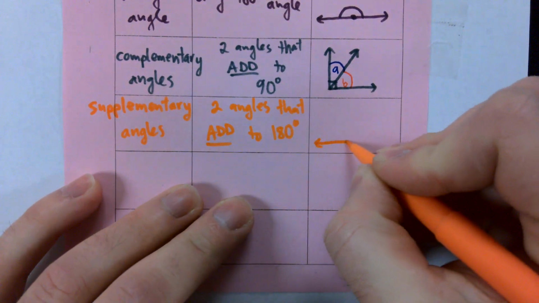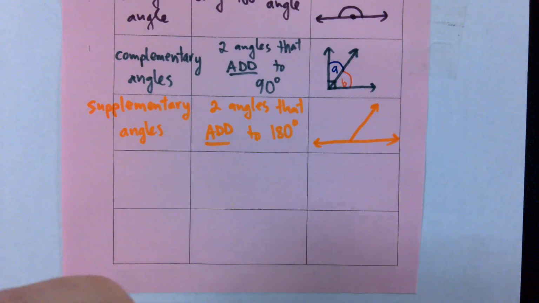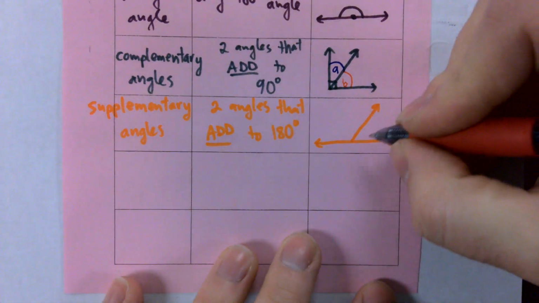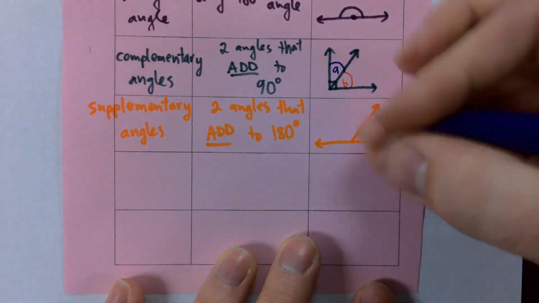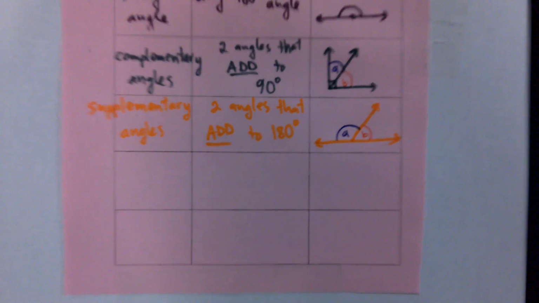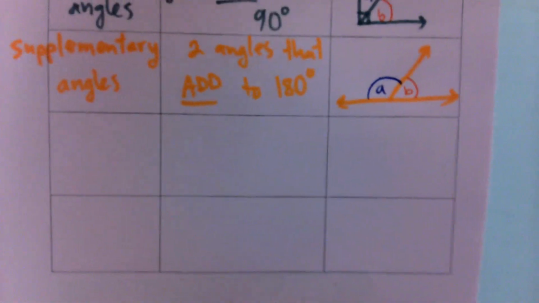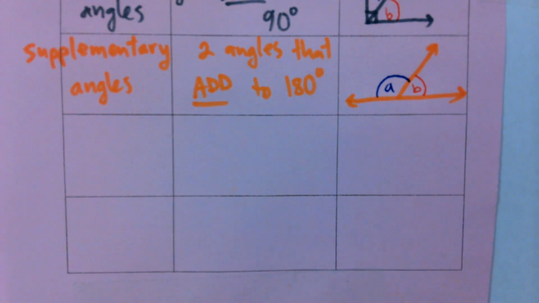Supplementary angles are going to look like this. Here's angle B. There's angle A right there. I'm going to zoom in here so you can see better. That's what our supplementary angles look like.